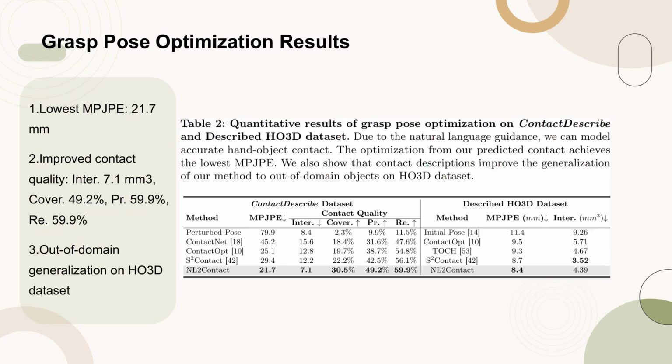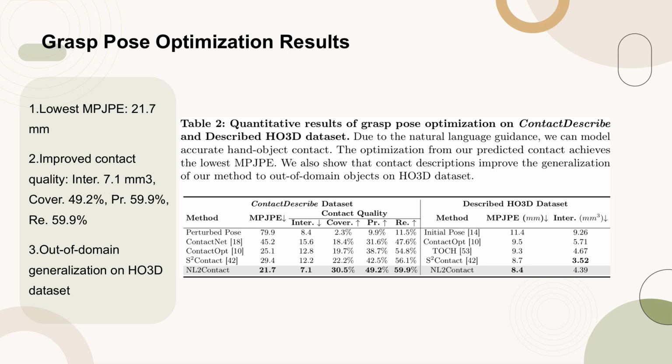Table 2 presents the quantitative results of grasp pose optimization on the Contact Described and Described HO3D datasets. The table highlights that the use of natural language guidance allows for the modeling of accurate hand-object contact. Specifically, the optimization from our predicted contact achieves the lowest mean per joint position error, MPJPE, of 21.7 mm, outperforming other methods.